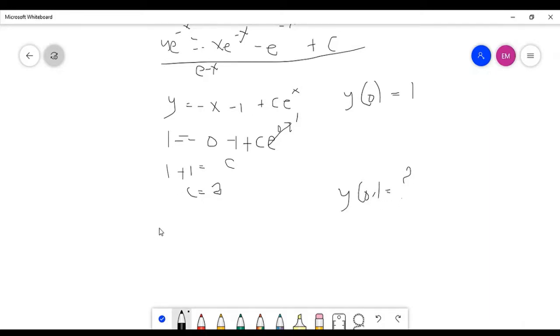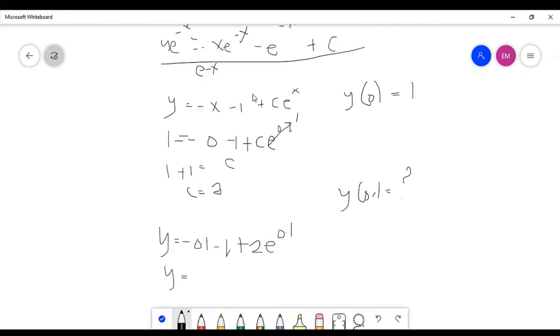So, going back, your y is equal to negative 0.1 minus 1, c is 2, so we have plus 2 e raised to 0.1. So with this, the result is negative 0.1 minus 1 plus 2 e raised to 0.1.